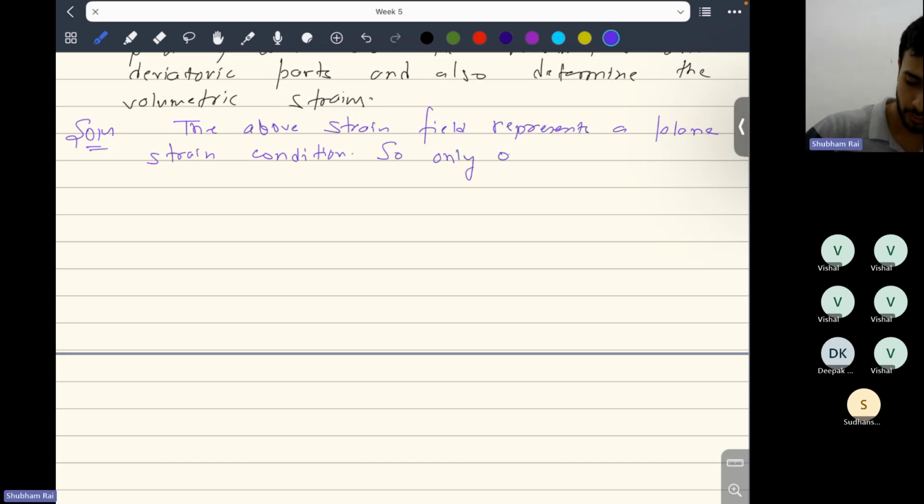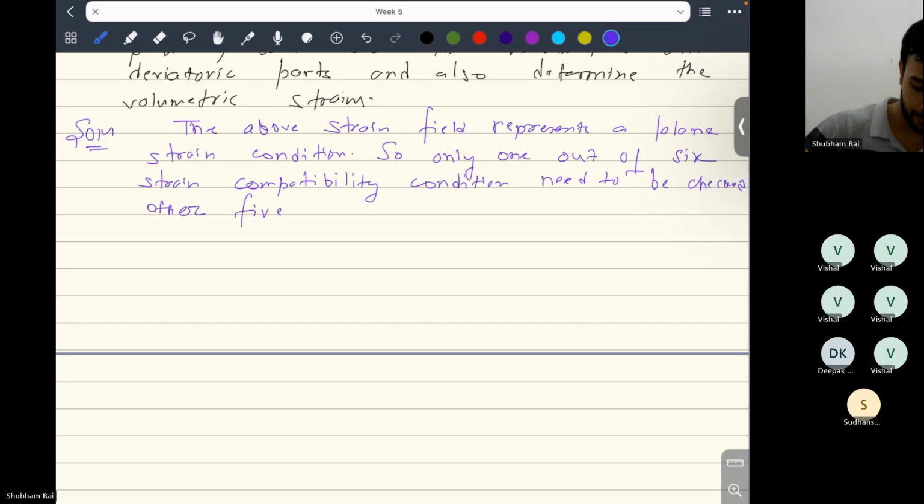So only 1 out of 6 strain compatibility conditions needs to be checked. The other 5 are already satisfied, or we can say trivially satisfied.